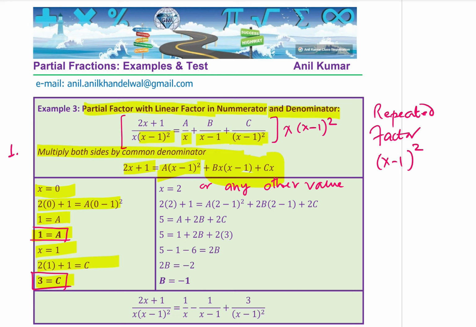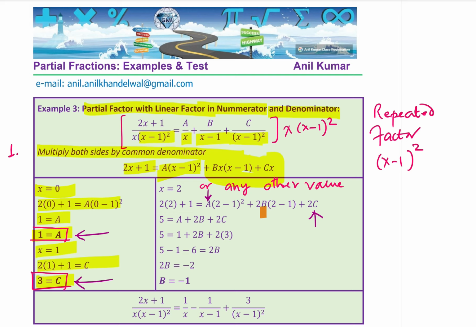Perfect. So I substituted 2 and I know what a is, right? So and what c is. So I'm substituting the value of a as 1 and of c as 3 in the equation. So the only unknown in this equation is b, correct?